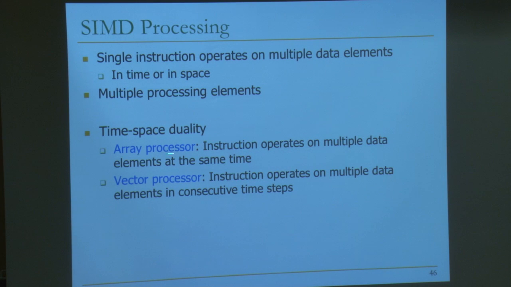An array processor, the instruction operates on multiple data elements at the same time, which means that you'd better have multiple copies of the same functional unit, right? A vector processor, these are very traditional definitions. The instruction operates on multiple data elements in consecutive time steps. The first data element in cycle 1, the second data element in cycle 2, third data element in cycle 3, and so on.